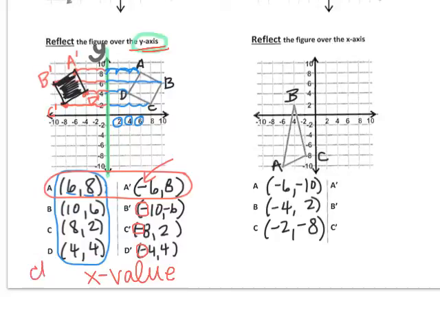So we're going to change the sign on the x value when we reflect over the y-axis. So what could you predict is going to happen when we go to reflect over the x-axis? If we reflect over the x-axis, we're going to change the sign of the y value.